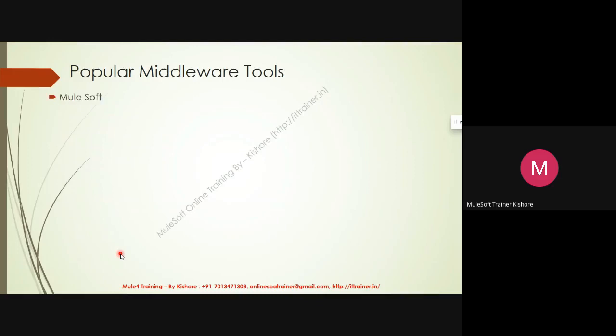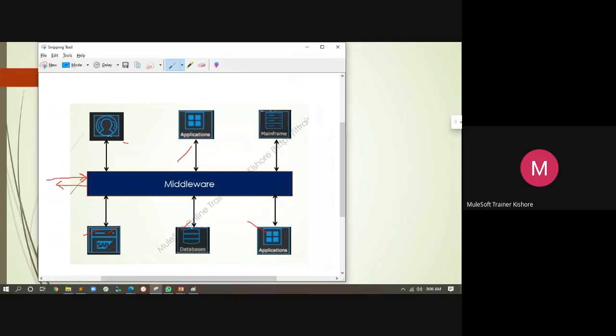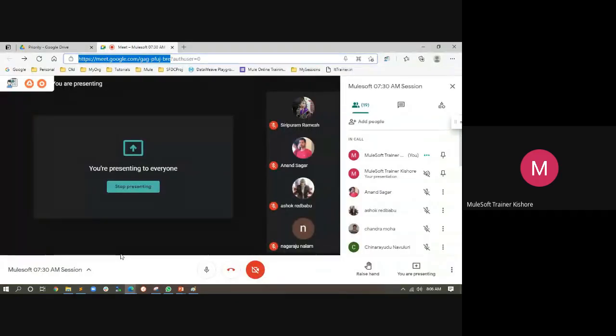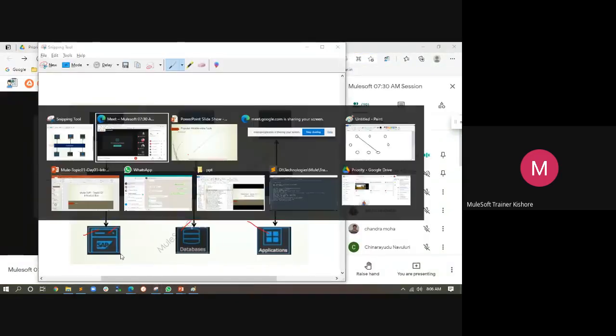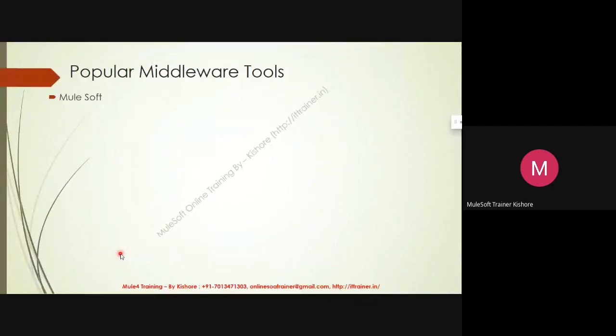Now, what are the popular middleware tools in the market? As mentioned, the popular middleware tools in the market are MuleSoft, Boomi, and SnapLogic. The first two have a good market. Almost 50 to 60% of integrations in the market now are happening on MuleSoft, and the other part is happening on Boomi, and slowly SnapLogic is picking up.